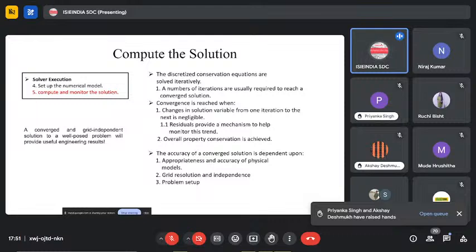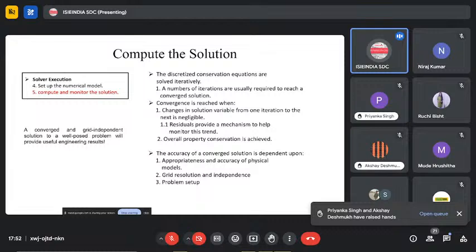Then the accuracy of the converged solution depends on what? It depends on the physical model. So we should use an appropriate and accurate model for the phenomena, like turbulence, heat transfer, or multi-phase problems. Grid resolution and independence also affect the accuracy.